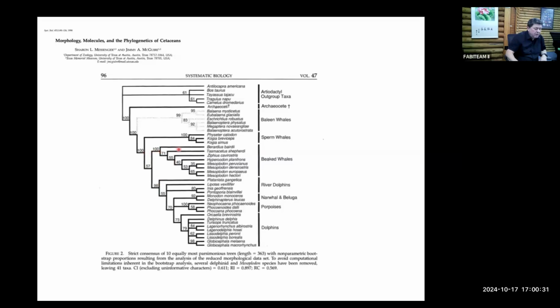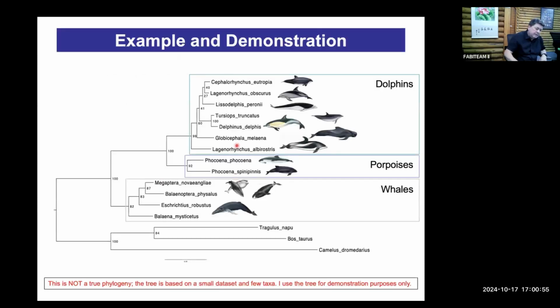This group collapsed into that node. So you have three groups. It forms a polytomy here. We do not know if this group is the sister group to this group. We don't know if this group is basal to this group or a sister group to this whole group. Because your polytomy will be on that node. So the same here. We don't know what is the phylogenetic relationship between these species.